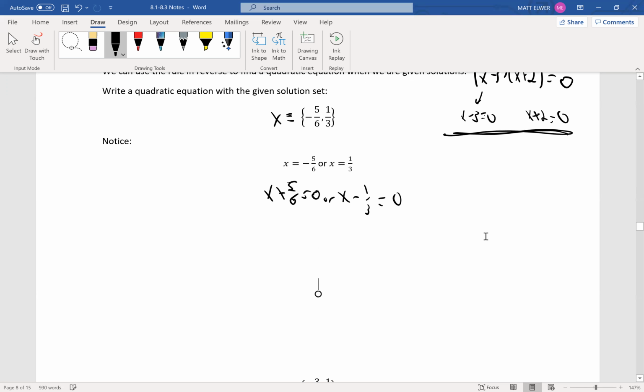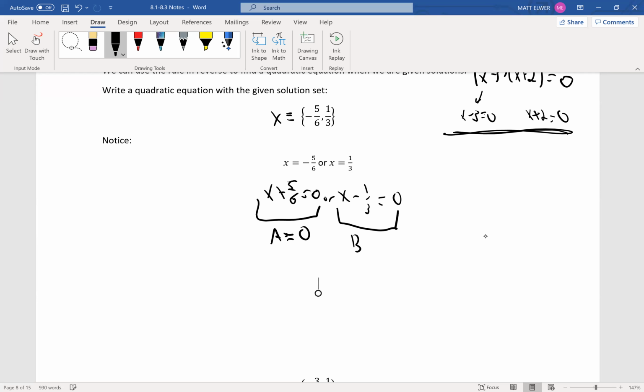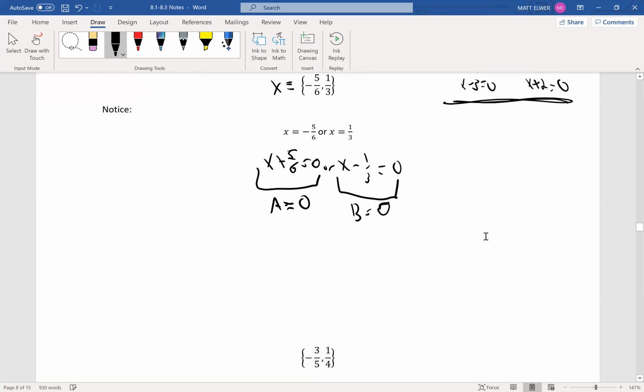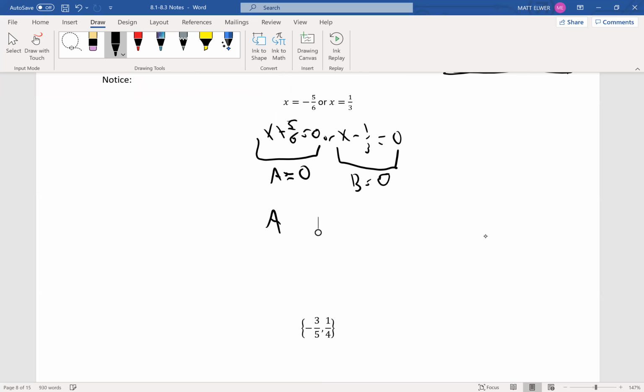Right? So now that I have these two different equations that are both satisfied for x, I can say, well, hey, this is my A is equal to 0, and this is my B is equal to 0. So what I can do is have AB is equal to 0, right?